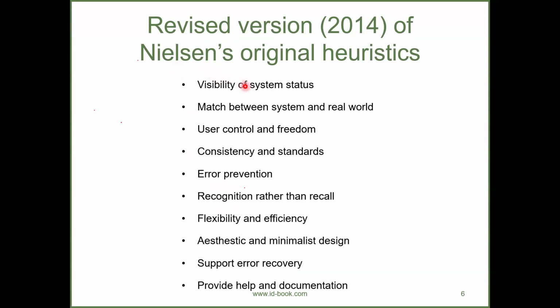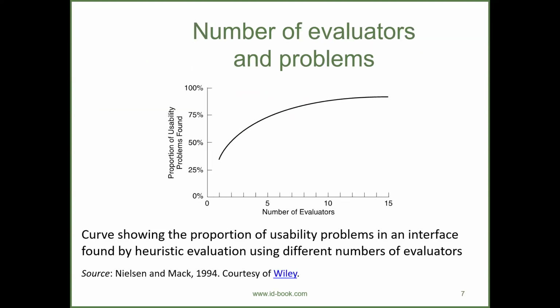For example, whether the system is giving you status updates or not, or whether it is matching the real world or not, or whether the user has control and freedom or not. So one user was able to identify maybe 20 or 30% of usability problems. When you add more users, you see they are able to identify more usability problems.